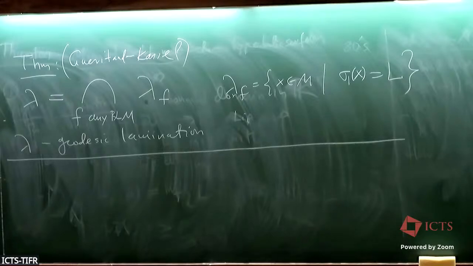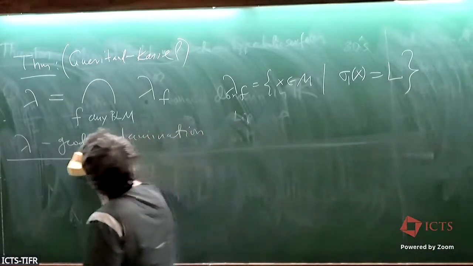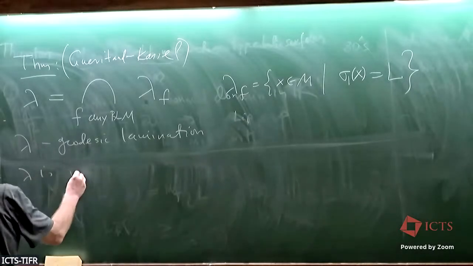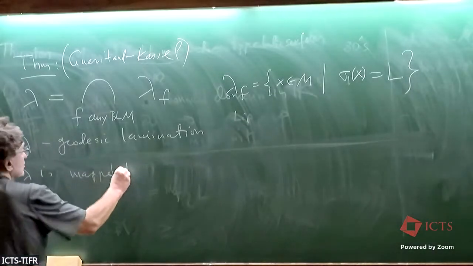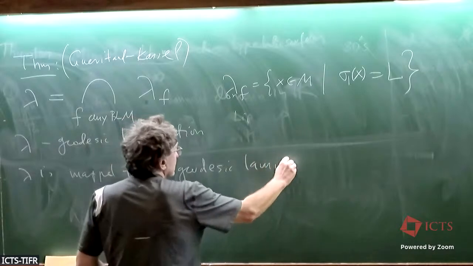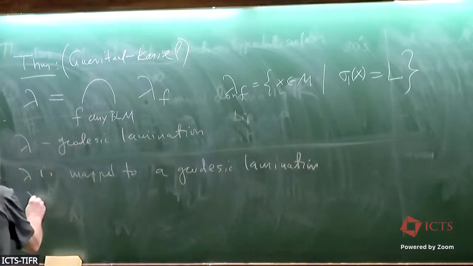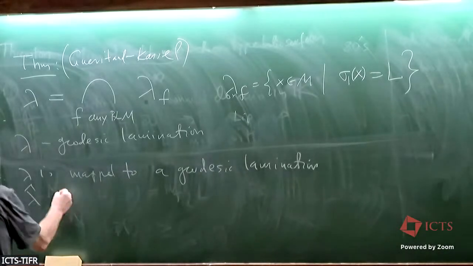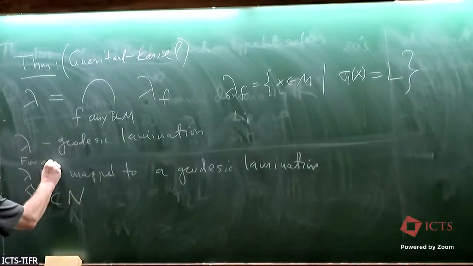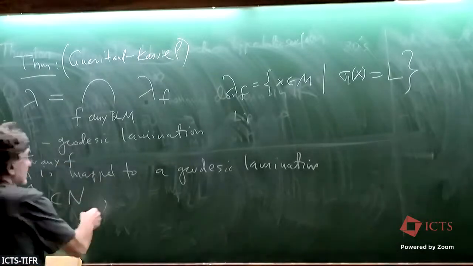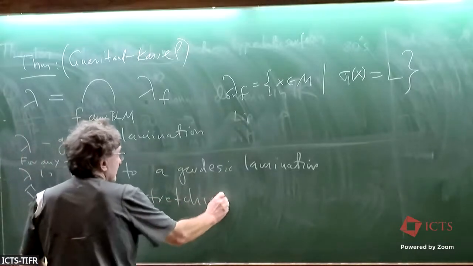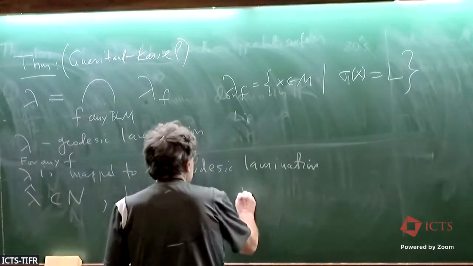So this is a geodesic lamination, and furthermore, the statement is even stronger: lambda is mapped to a geodesic lamination lambda hat in the target by any best Lipschitz map f, by stretching the leaves.